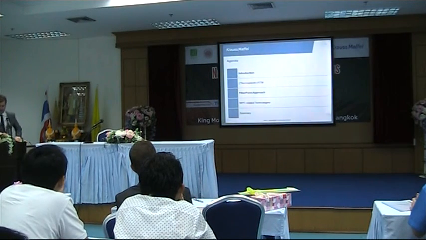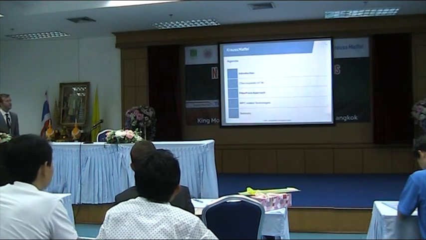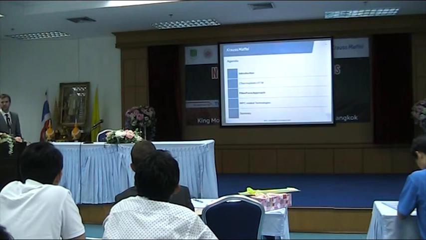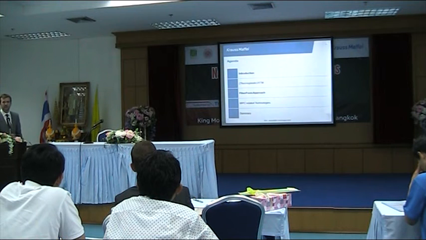So let me show you the fiber form approach. If you can remember the slide with the two arrows, we are heading in the right direction. And fiber form means much faster cycle times.